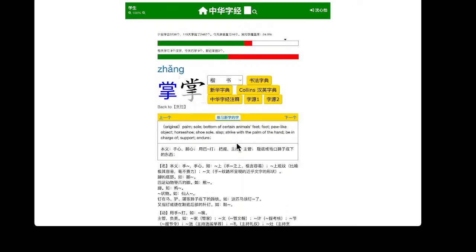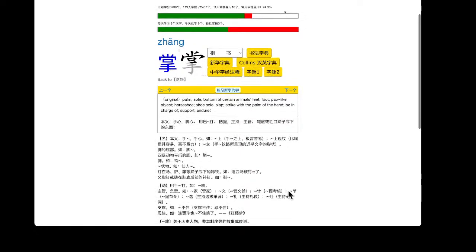Now, palm is related to people's hands, and hands are the most important tool for doing things. When something is in your palm, you have control of that thing, right? So therefore, they use this character to mean in control, in charge of, that kind of meaning.